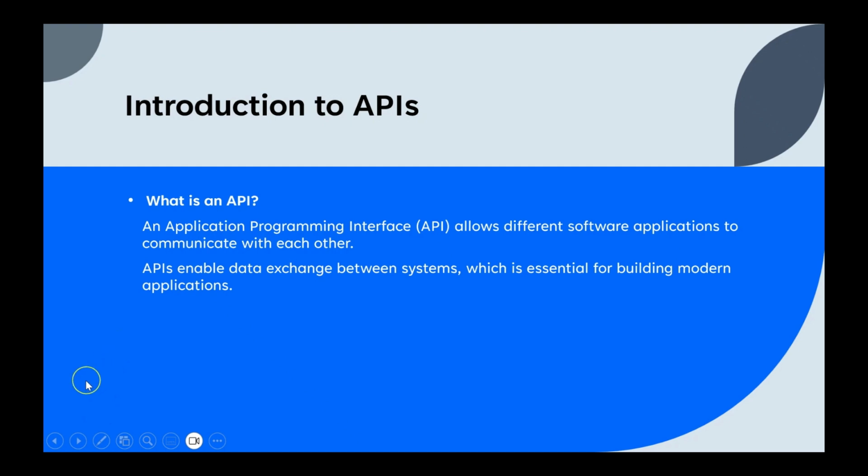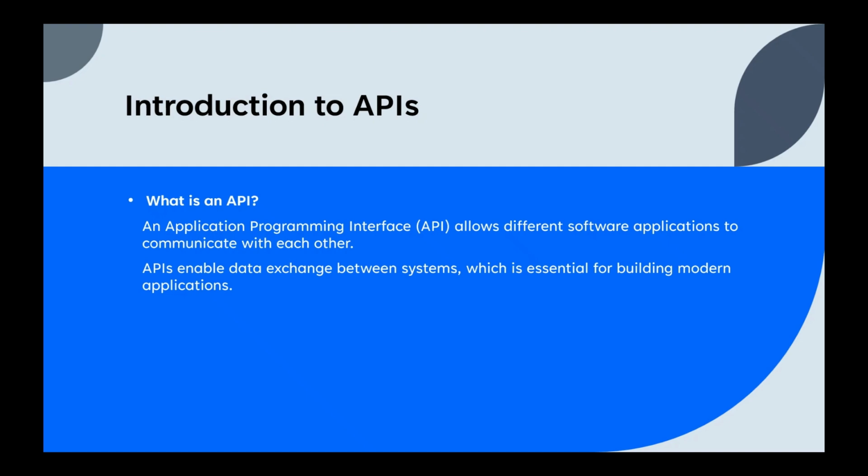So the first thing we are going to look at is the concept of what an API is. Basically, API stands for application programming interface. And what does it mean? An API allows different software applications to communicate with each other.